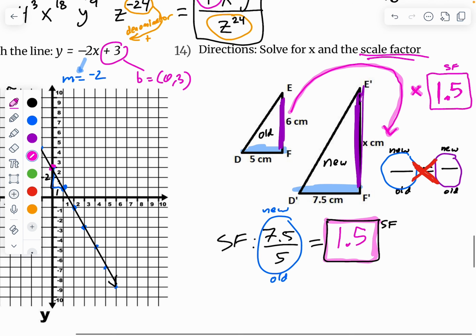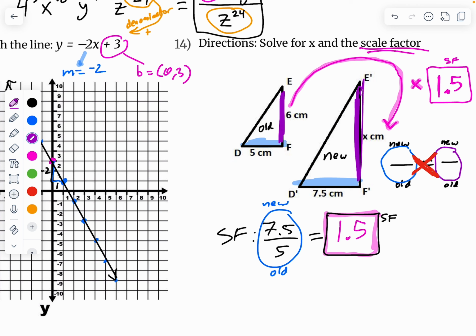So if you try to find your x value, all you would need to do is take 6 and multiply it by 1.5. Now, what is 6 times 1.5? 9. And you're done. That's your scale factor from left to right.